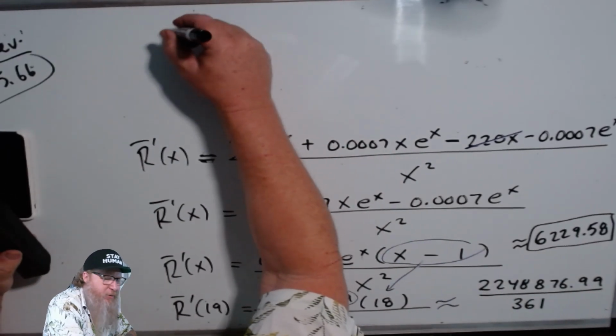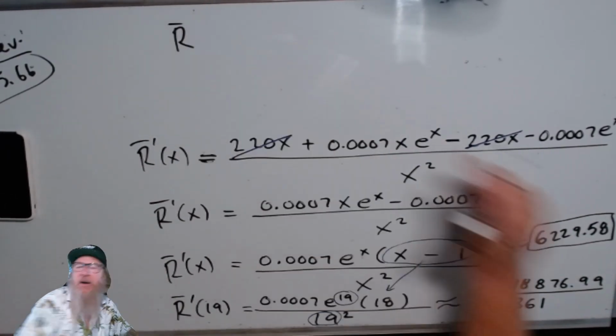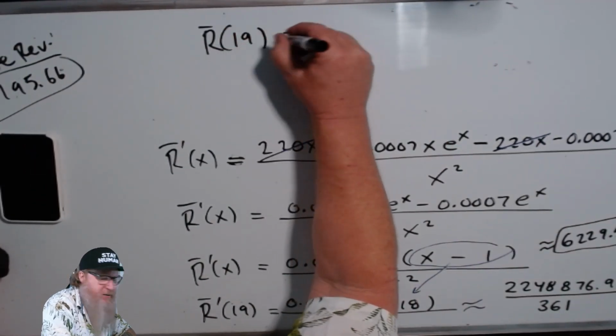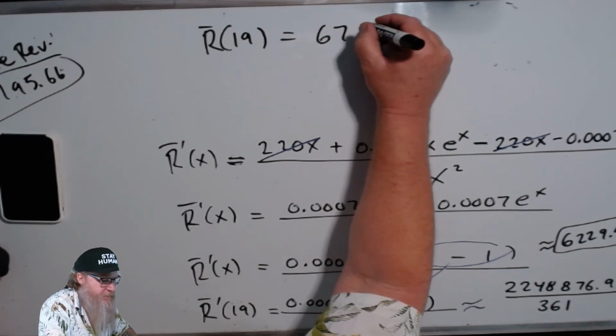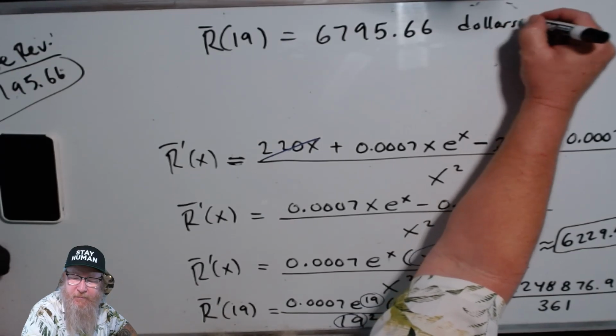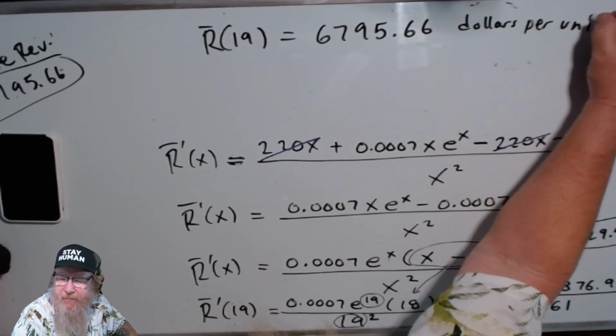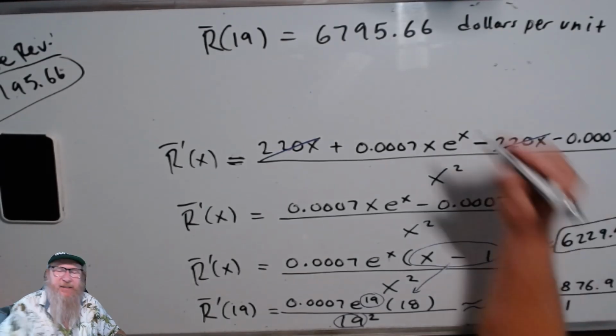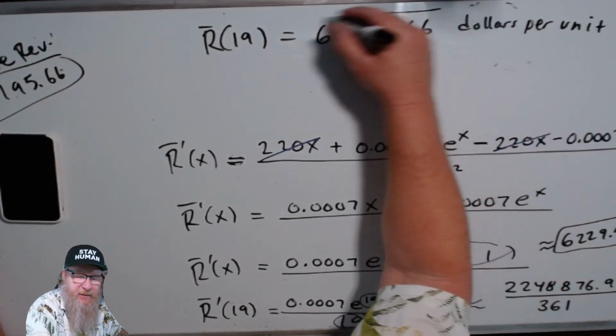So just to summarize the answers, we ended up with an average cost for 19 pairs of shoes. The average cost was $6,795.66 per unit.